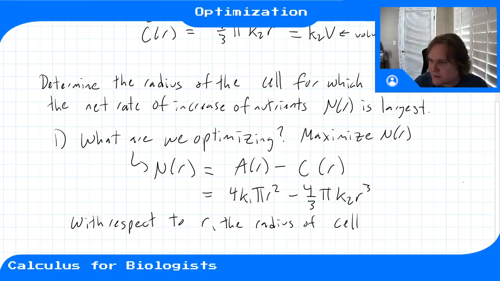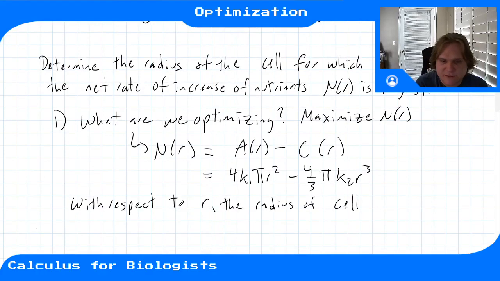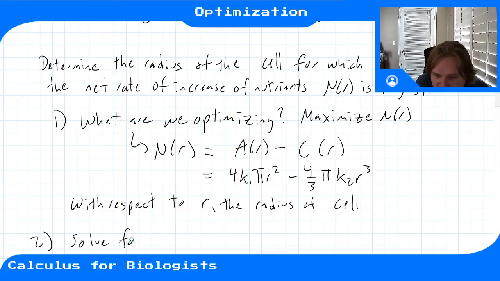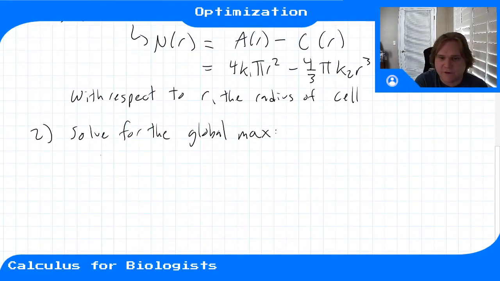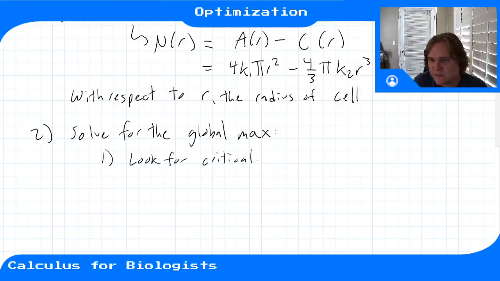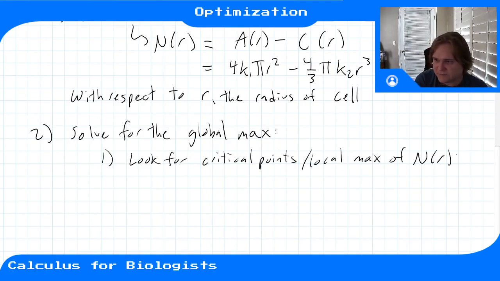Then step two is we solve for the global max of this function. In solving for a global maximum, the first step is to look for critical points to find the local max of our function N of r.